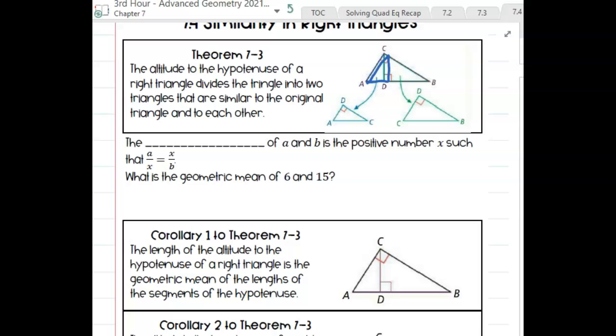You flip it up like this, and you have triangle ADC sitting on its hypotenuse. Sorry, the hypotenuse is not the altitude, it's that outside edge right there.